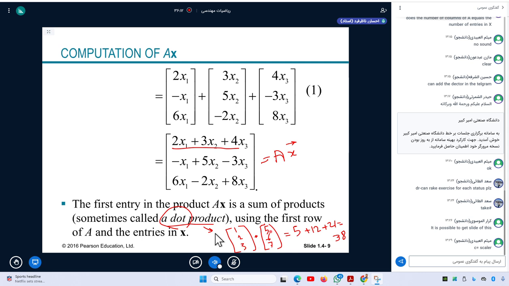So the dot product of two vectors 1, 2, 3 and 5, 6, 7, the notation is this dot. The result is 1 times 5 plus 2 times 6 plus 3 times 7, which is 38. So the result of a dot product of two vectors is a scalar.